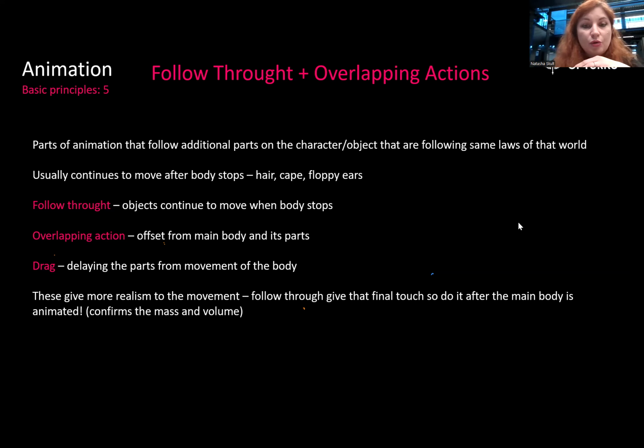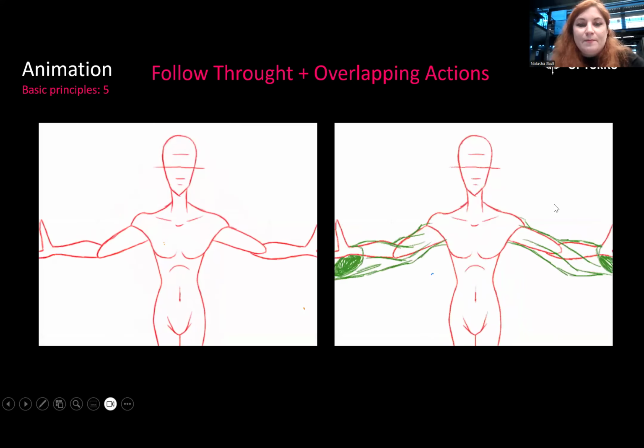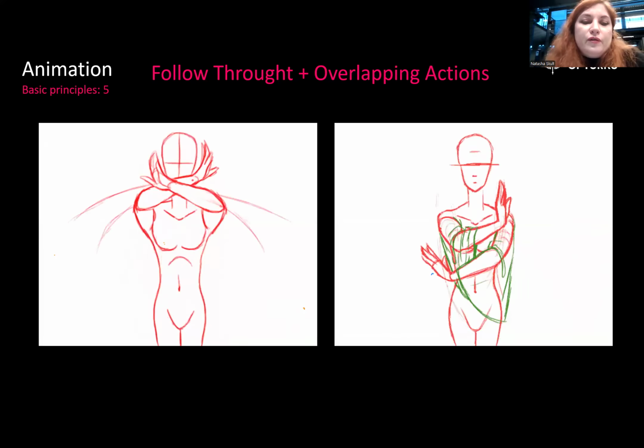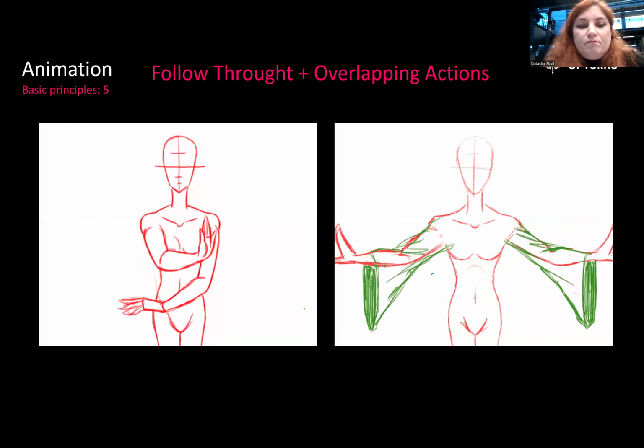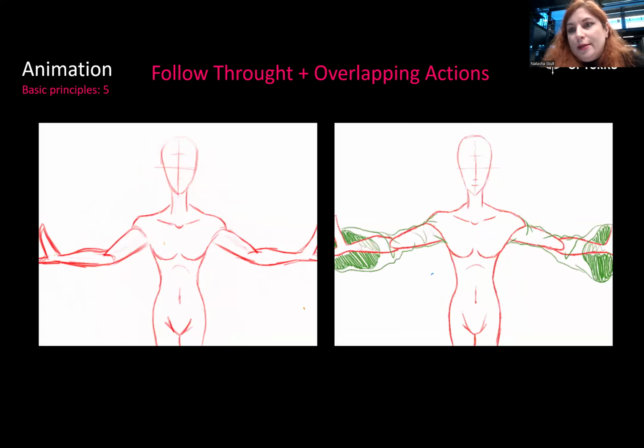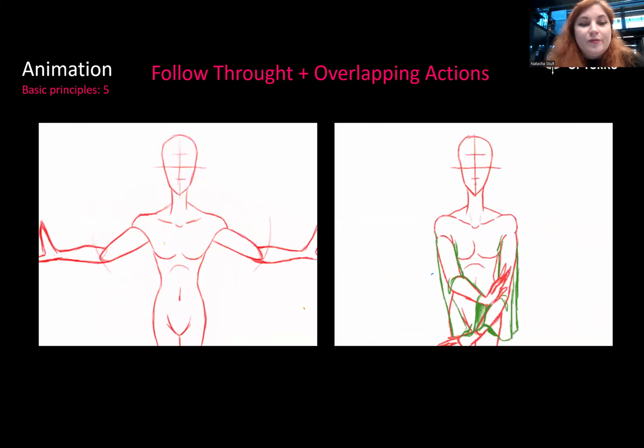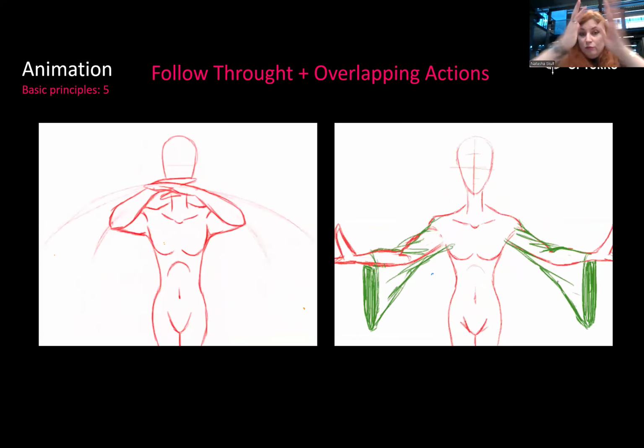Let me show you what that looks like. You can even adjust these in post-processing, but let's look at this. We have some sort of character, maybe a sorcerer or a wizard, doing whatever movements.